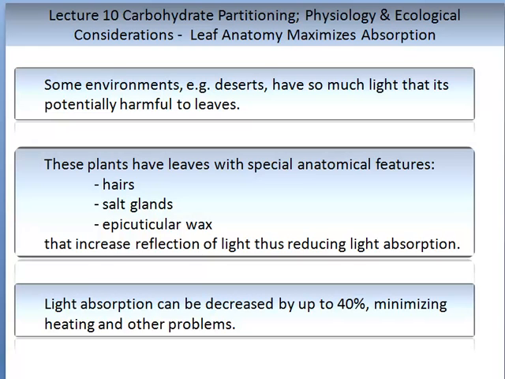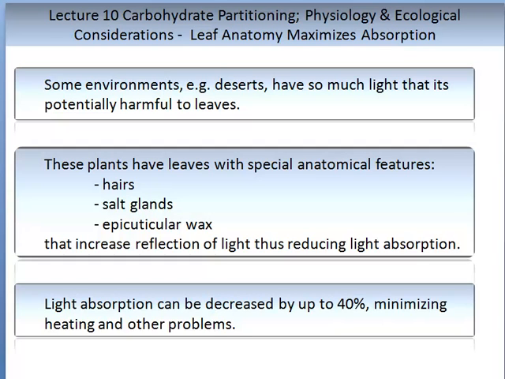They have hairs, they can have salt glands, and they can have an epicuticular wax layer. All of these characteristics increase reflection of light, thus reducing light absorption. Light absorption can be decreased up to 40%, minimizing heating and other problems.